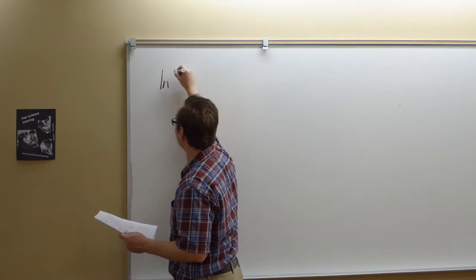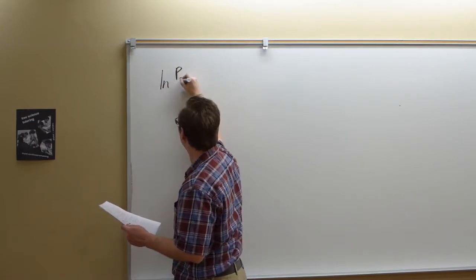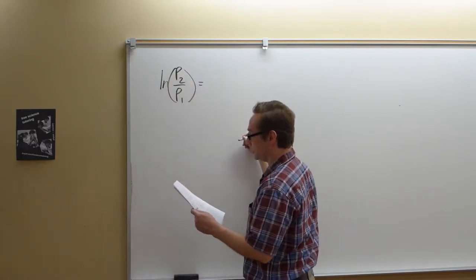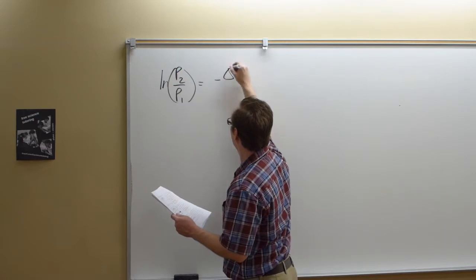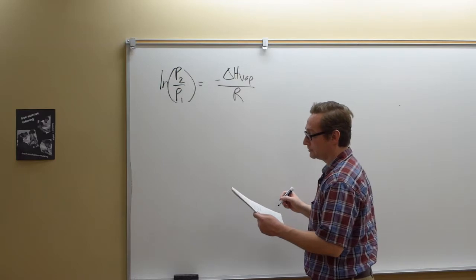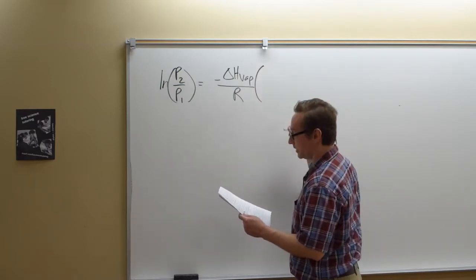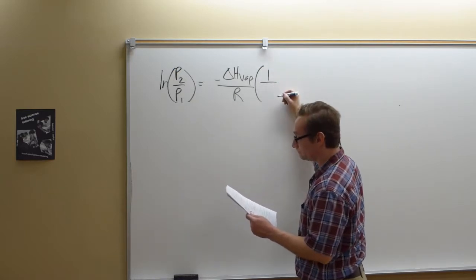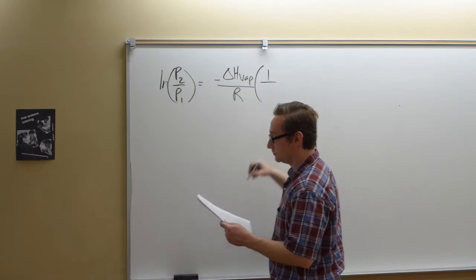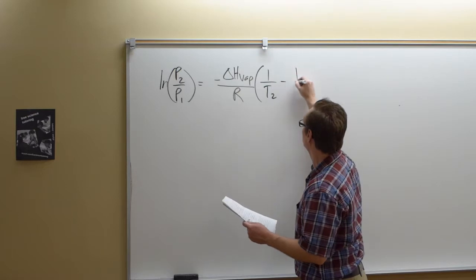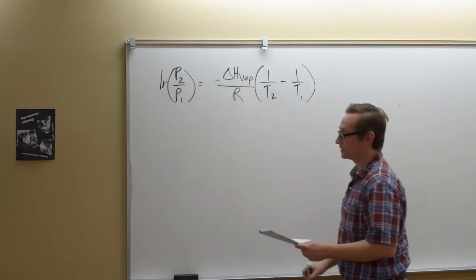Okay, so to plug this in now, here's our Clausius Clapeyron equation. So natural log of P2 over P1 equals delta H vap divided by R, times 1 over T2 minus T1.